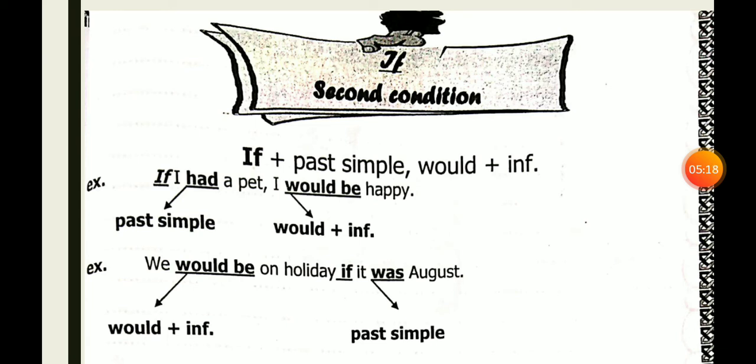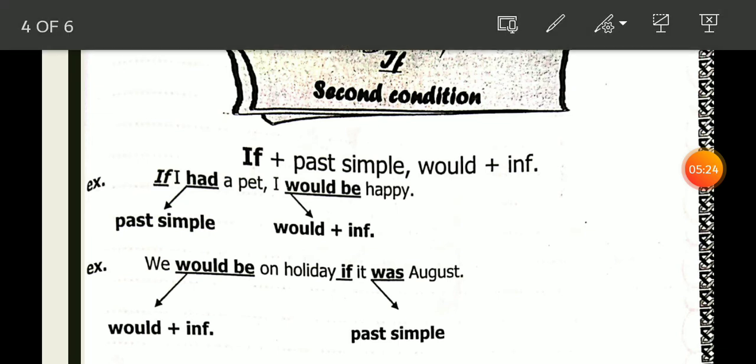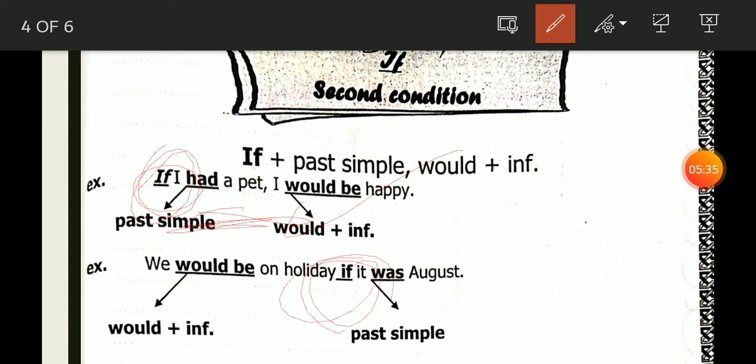Number 2, we would be on holiday if it was August. Now, if capital, after it past simple, the second sentence would be would plus infinitive. If small, past simple, before it would plus infinitive.